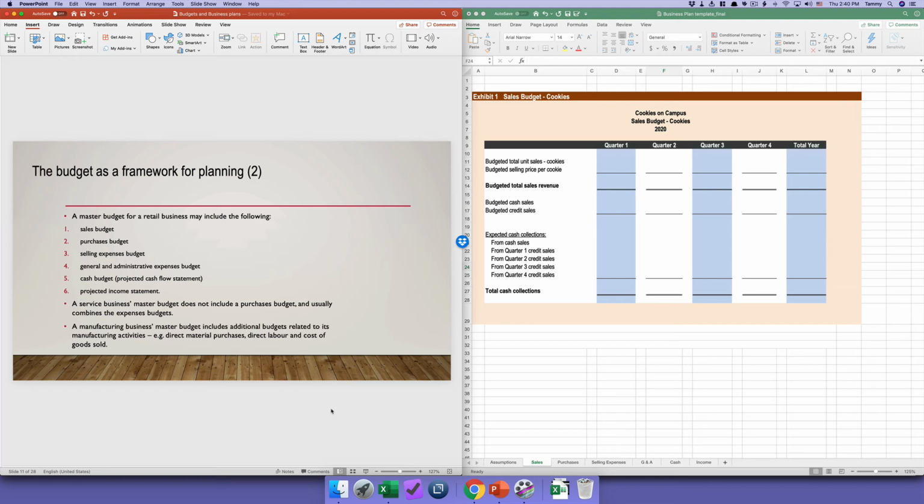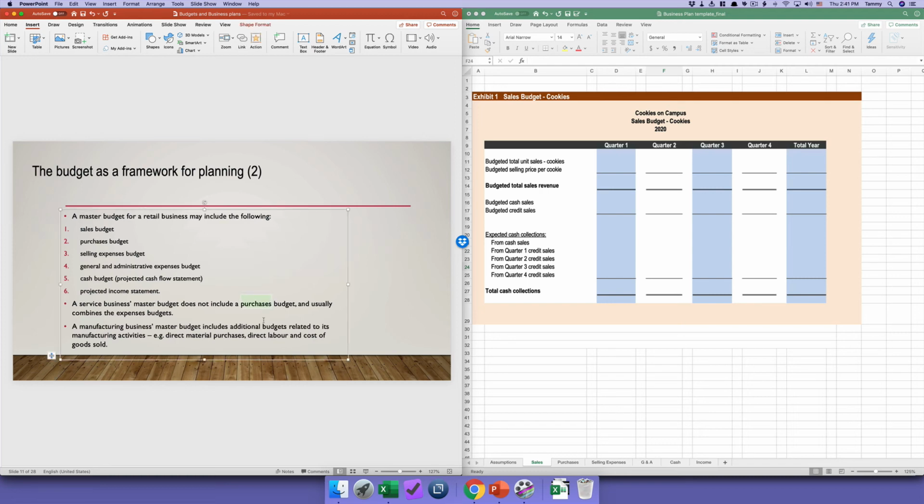You also have overhead, general administrative expenses, and then as part of your master budget, you would have a projected cash flow or a cash budget that tells you whether you need short-term borrowings, perhaps, and then you'd have a forward-looking, a pro forma income statement.